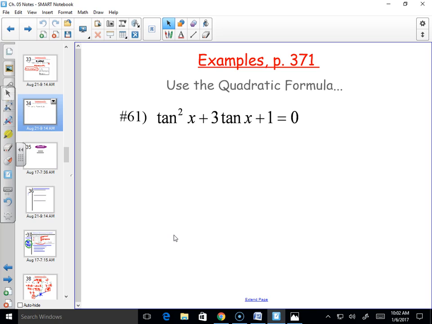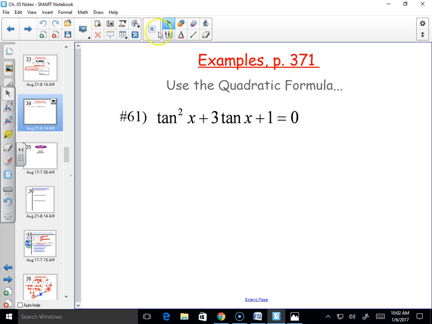The question, why are they telling us to use the quadratic formula? Why not just factor? Are there any factors of 1 that make 3? No. So how would we use the quadratic formula if we had to solve this algebraically without a graphing calculator?